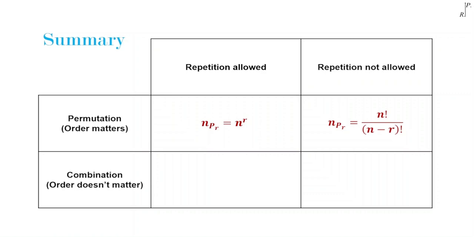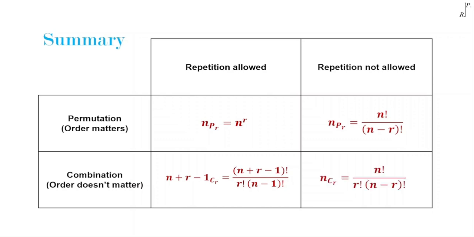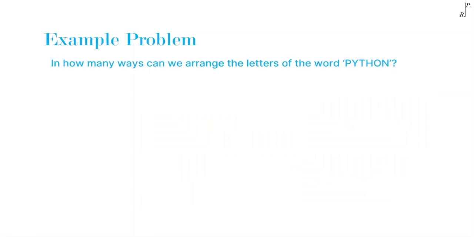In case of combinations, where the order doesn't matter, when repetition is allowed, the number of combinations will be (n plus r minus 1) factorial upon r factorial multiplied by (n minus 1) factorial, and when repetitions are not allowed, the number of combinations will be n factorial upon r factorial multiplied by (n minus r) factorial.